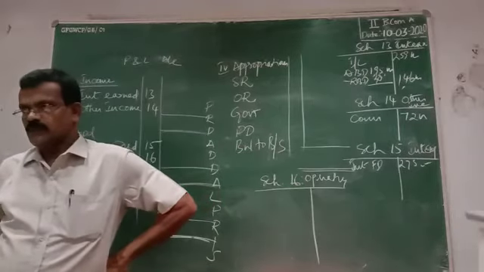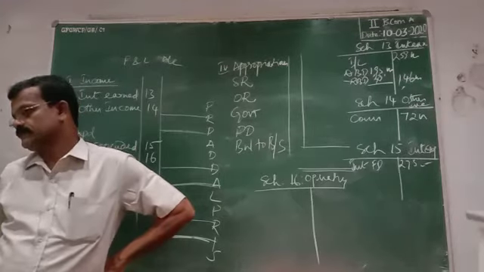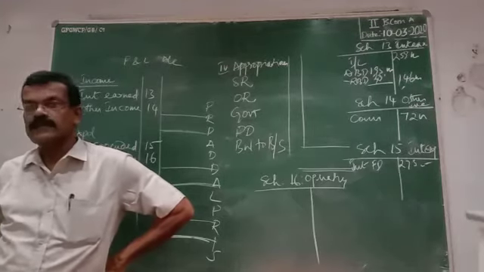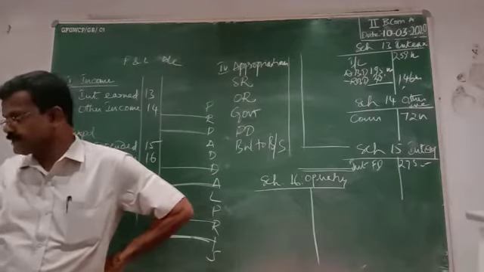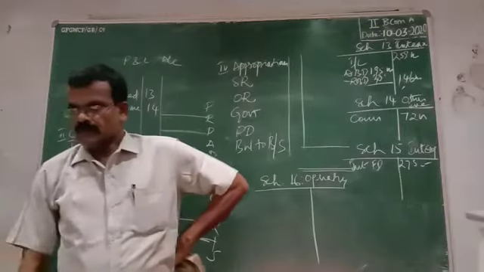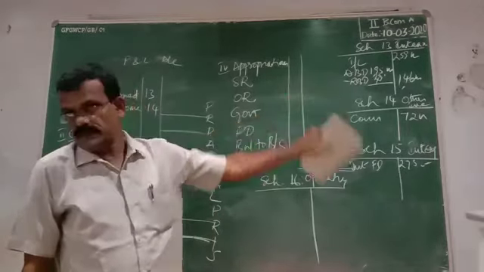So rebate on bills discounted refers to interest received but not earned, interest or rebate for the unexpired period. So that has to be deducted from the rebate on bills discounted.